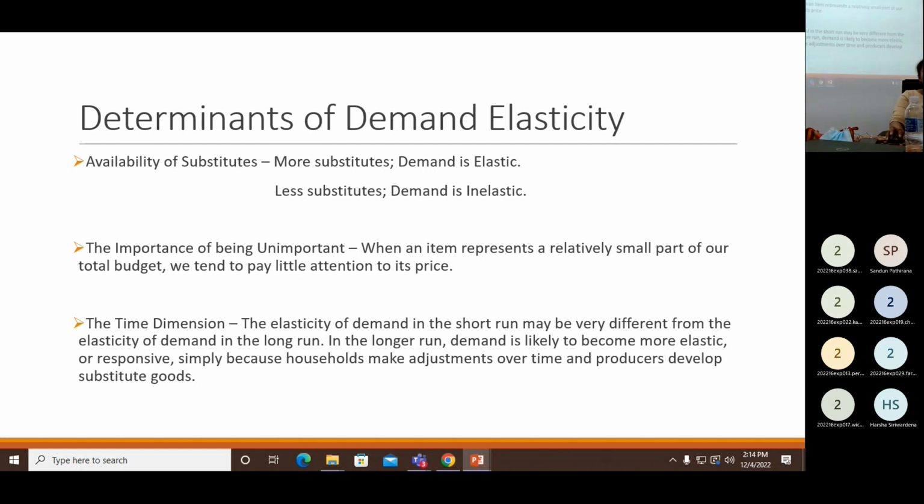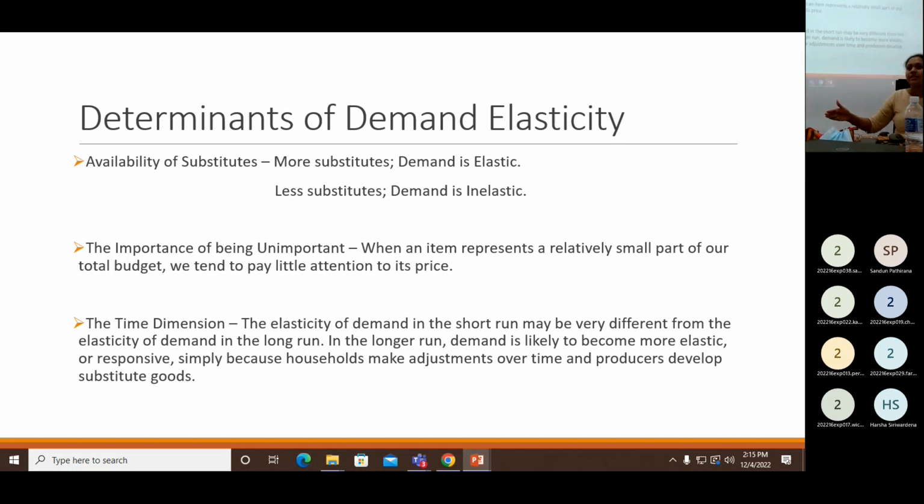Can somebody tell me? In the long term, substitute products will be available in the market. The households can. So the example is gas. In the recent past, with the gas shortage, we didn't have a substitute in the short term. But in the long term, we had substitutes in the market. Exactly. So for some products you will have a very inelastic demand curve in the short term.